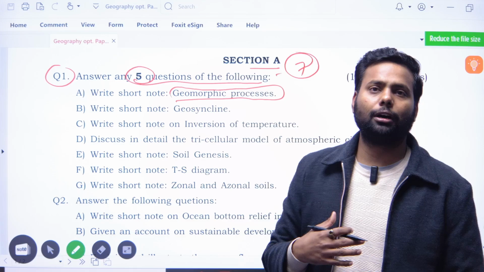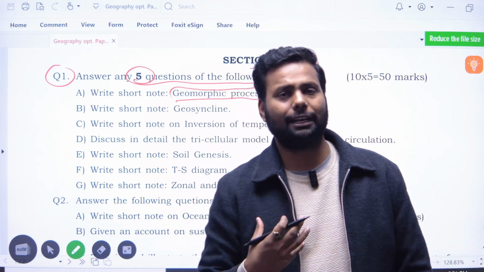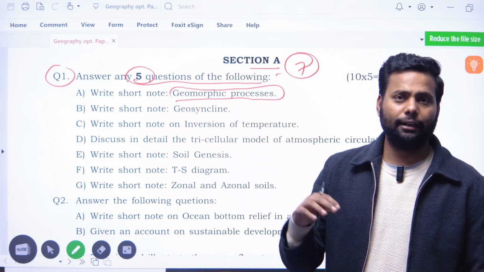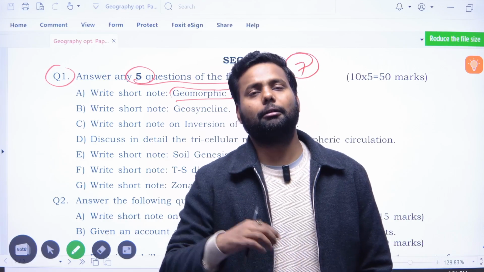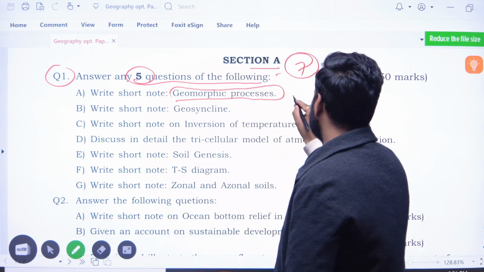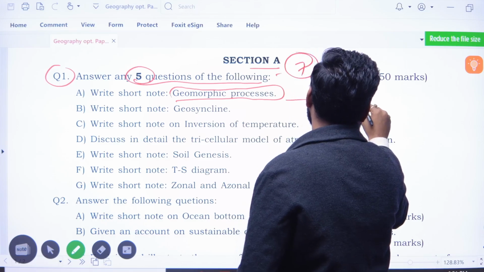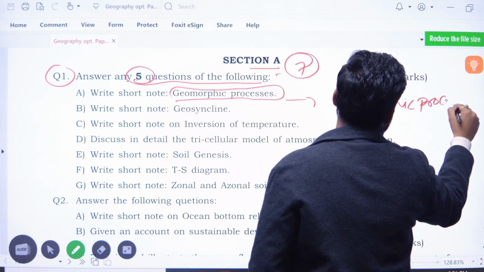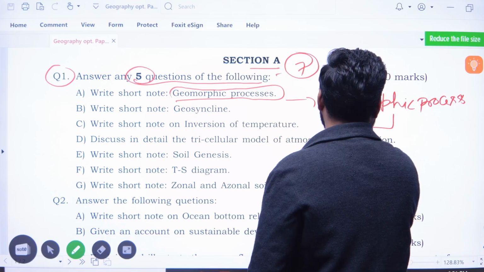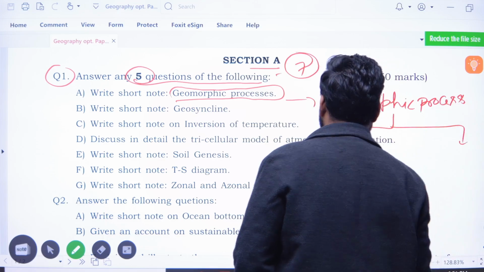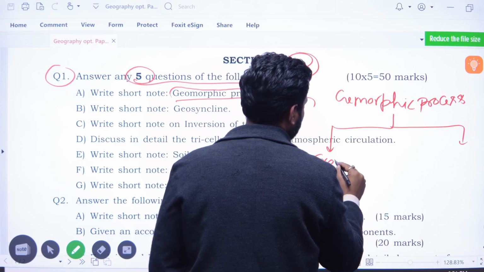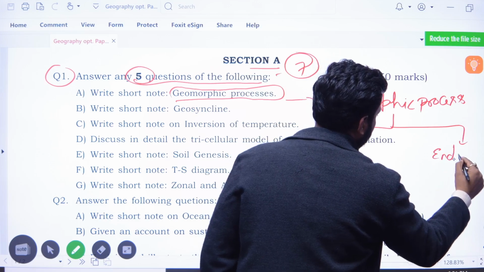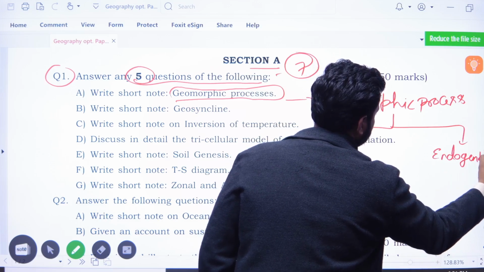Geomorphic processes are the processes which operate from the internal structure and from external factors. You have to simply write down what geomorphic processes are. Geomorphic processes are of two types: one is exogenetic and one is endogenetic.